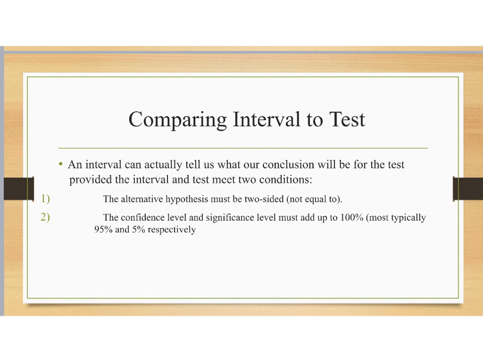Now, this is exactly what the interval said. Okay, the interval, because we used an alternative that was not equal to, and because we used 95 and 5 for our confidence level and significance level, we were able to basically come up with the exact same conclusion for both of these, because our interval, if you recall, went from about 7% to 42%.